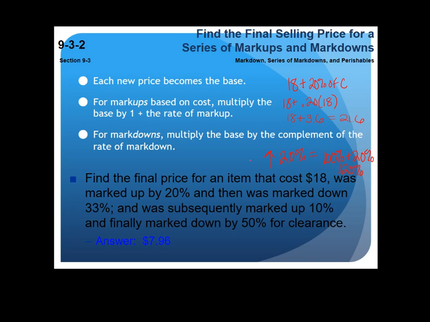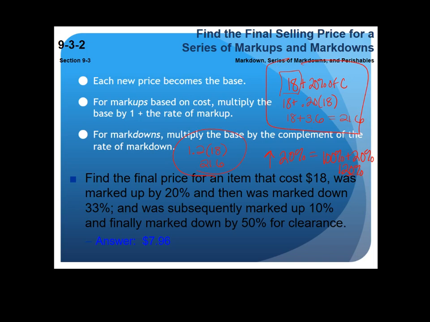Well, 120% is the same as 1.2 if you move the decimal over twice. So if I wanted to know 120% of 18, I could do 1.2 times 18. And guess what that is? 21.6. So this saves us a lot of steps from having to do what I did here, but I get the same answer.